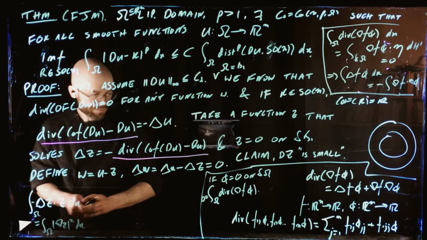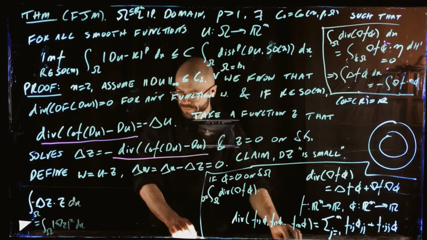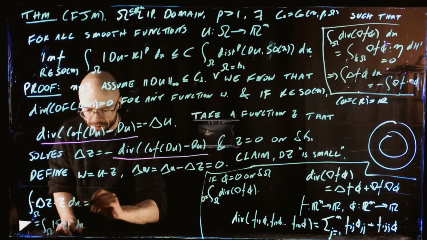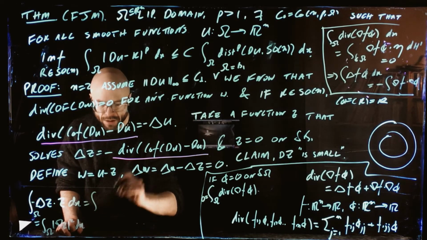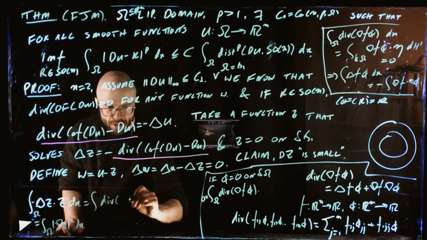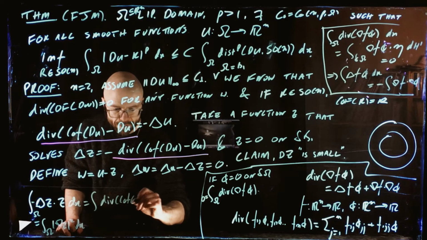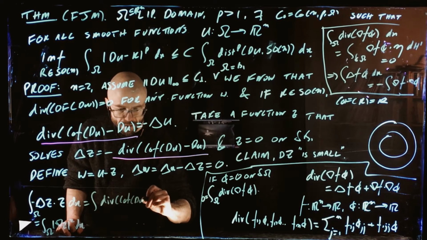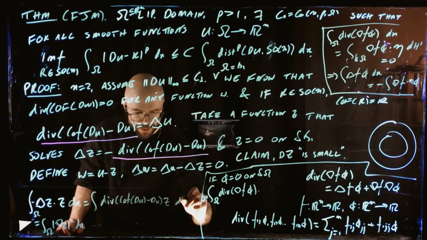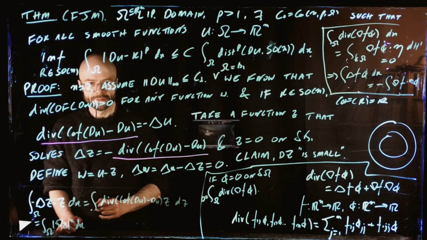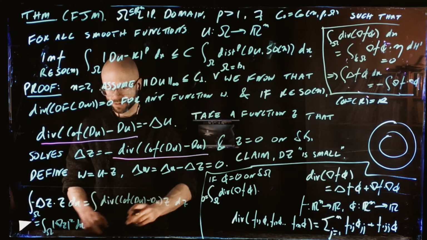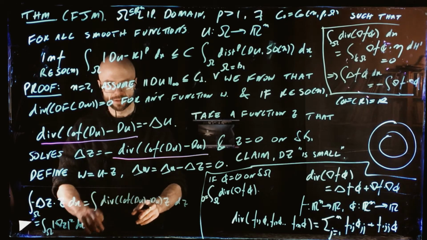But it's also equal to this stuff right here. It's also equal to the integral of the divergence of the cofactor of this guy times z, vz, because that's how we defined it. We have a minus sign here, so it's equal to this.